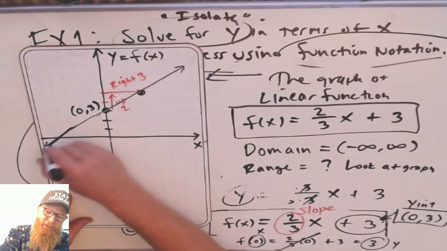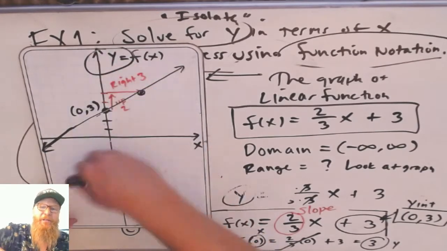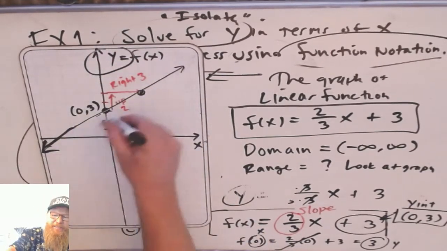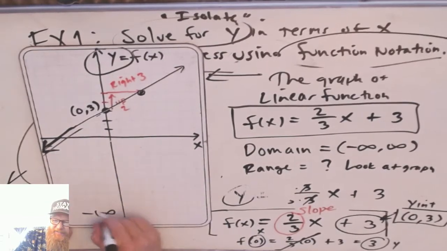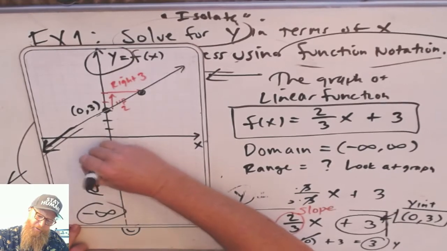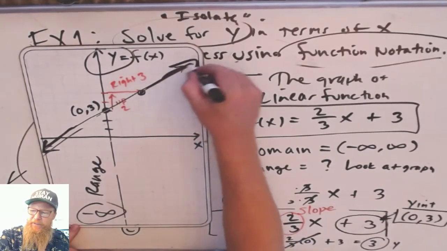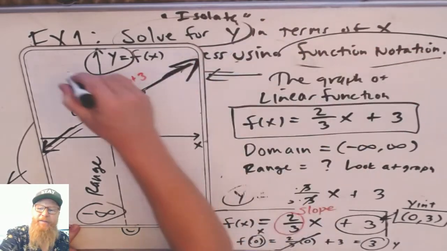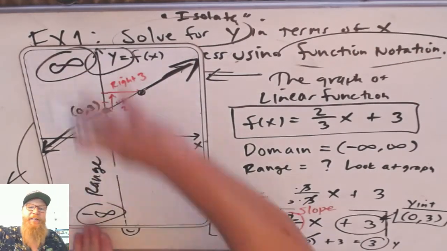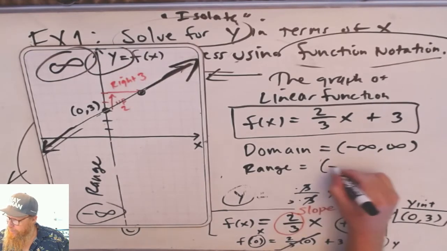Look which direction the range is going. Range is the y values. So this arrow is going down forever and ever. That's negative infinity. It's going down. That's the range. Range is the y values. And then look at this arrow. This arrow is going up forever and ever and ever. That's positive infinity. So the range is cheap.